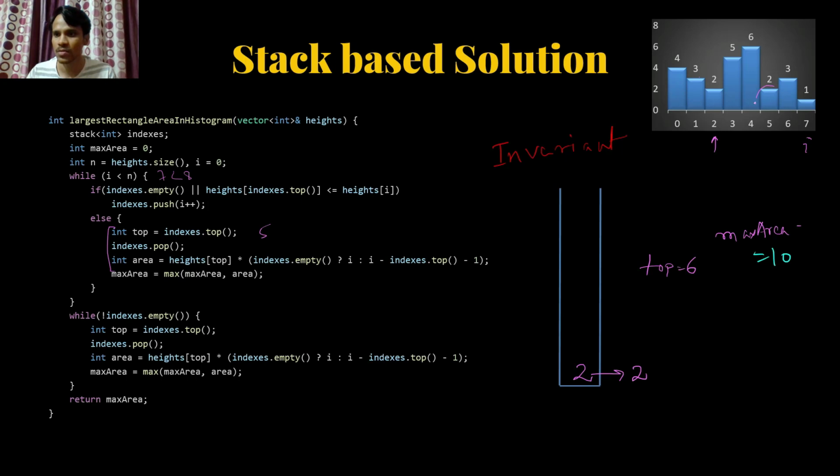So the height of this is 2 multiplied by, the stack is not empty, so you go here, 7 minus, currently the stack top is 2, minus 1, so this is 4, 2 into 4, which is 8.